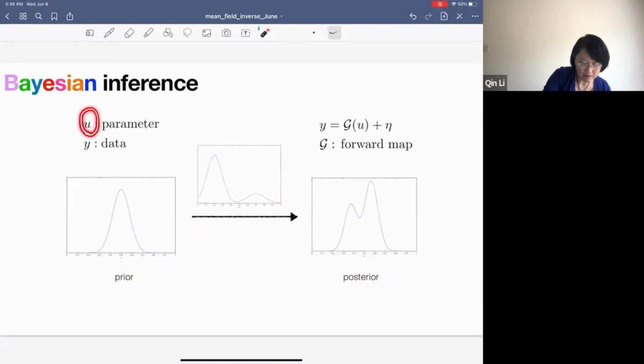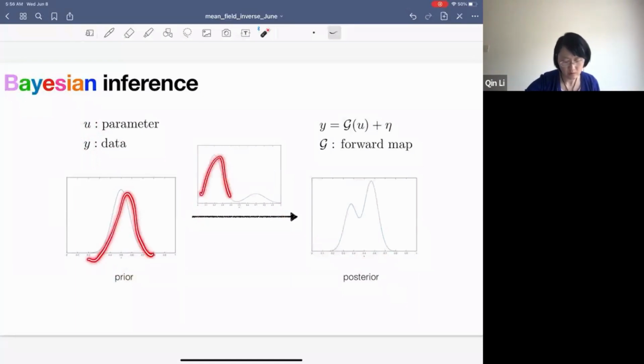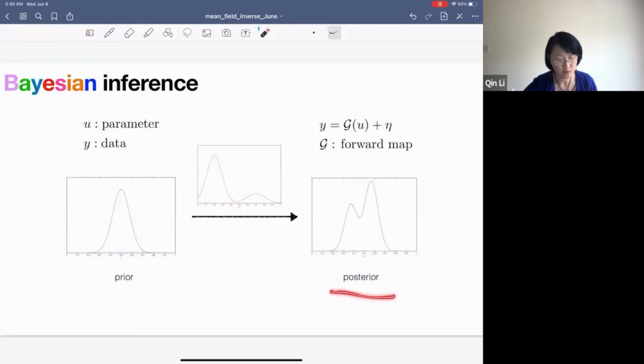U is a parameter and Y is the data. So you hope you can use your data to infer the configuration or the probability distribution of the parameter U. So you have a prior distribution over here and you multiply with the likelihood to get your posterior distribution. That's the Bayes rule.